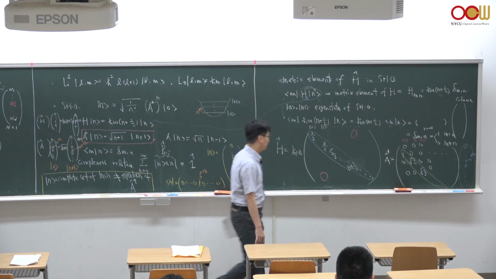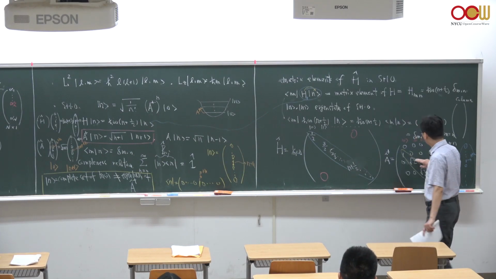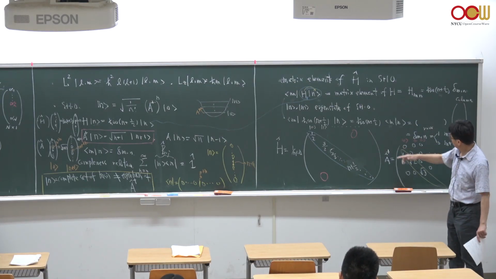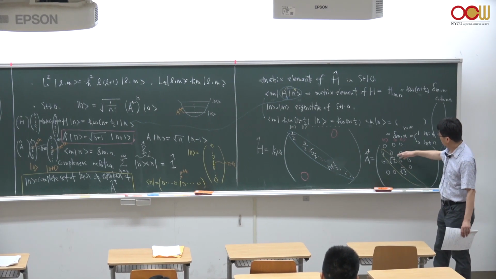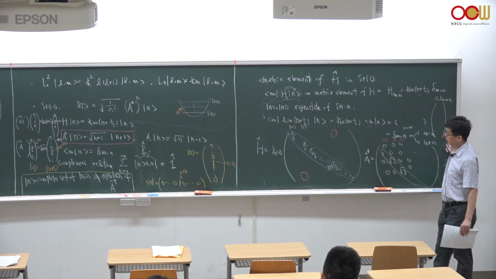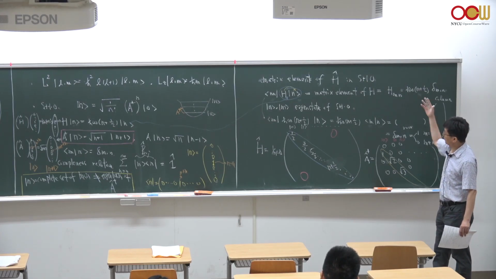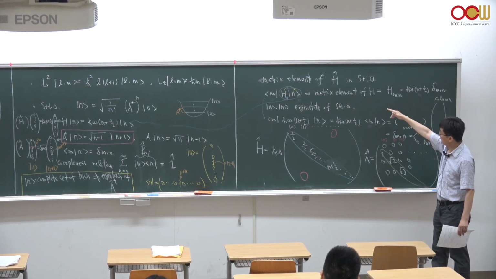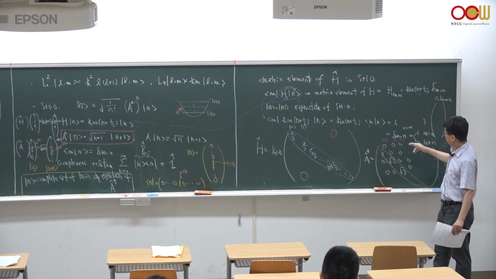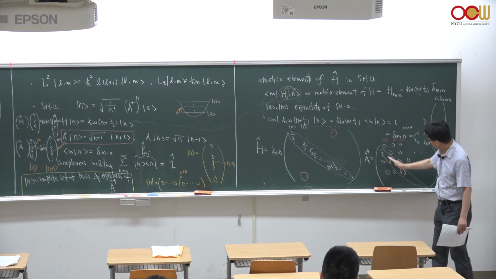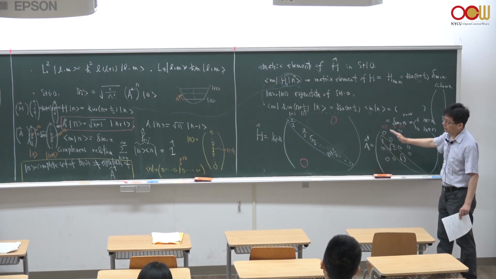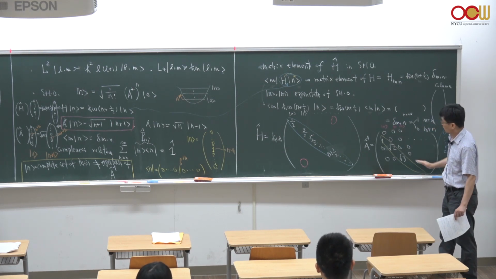And you can very clearly see this. If the state n, the eigenstate or eigenbasis of the Hamiltonian of the harmonic oscillator, is also an eigenstate of a dagger, then the non-zero matrix element will appear only along the diagonal direction.